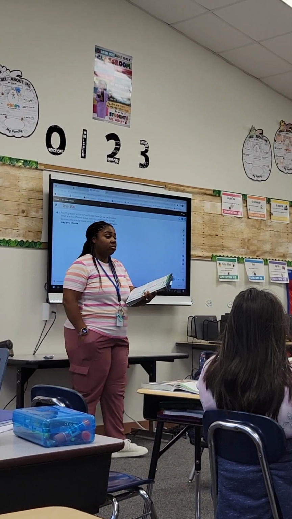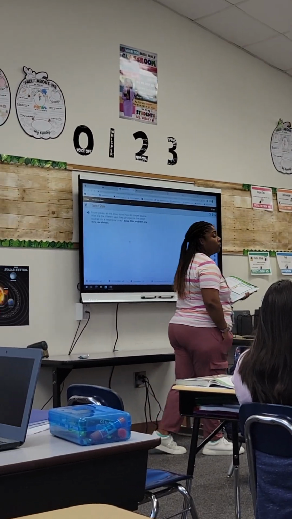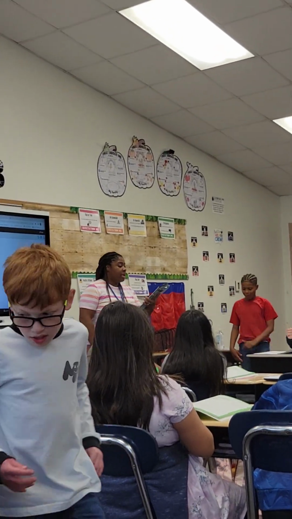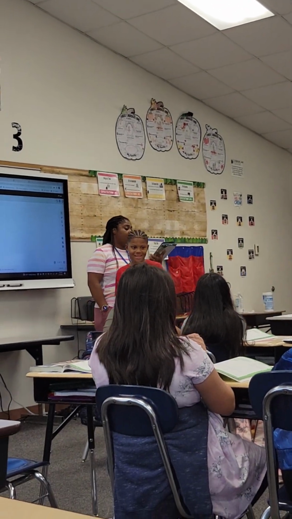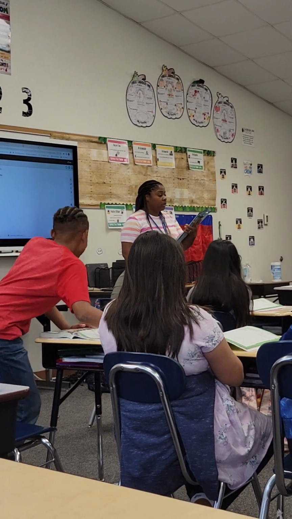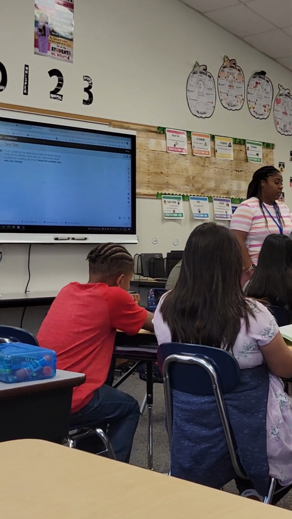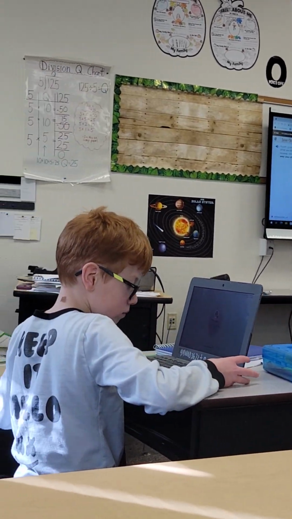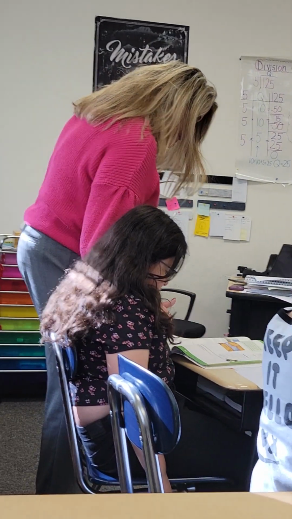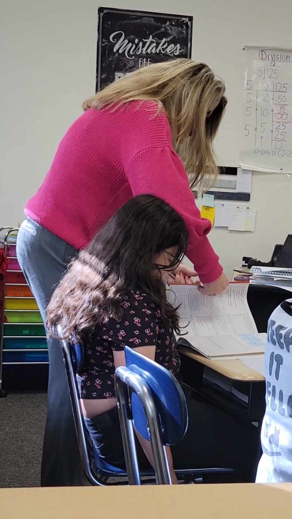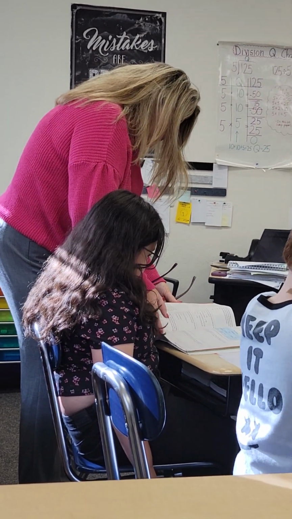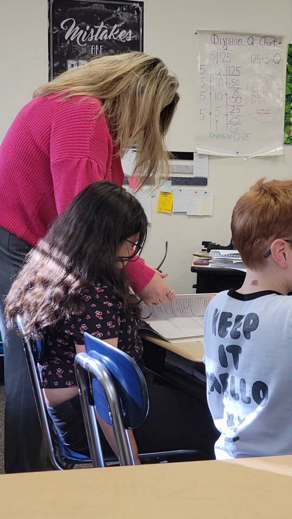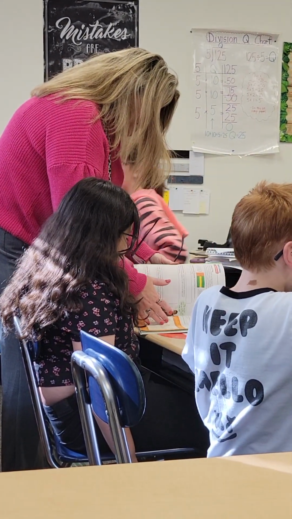So working with factors, on page 261, solve and share. It says, can I find the factor pair of a whole number? Can I also look for patterns to solve the problem? Solve and share question asks, fourth graders at Ames School have 24 carpet squares.